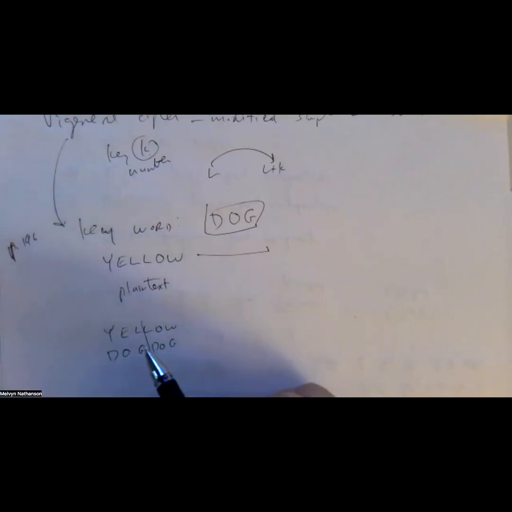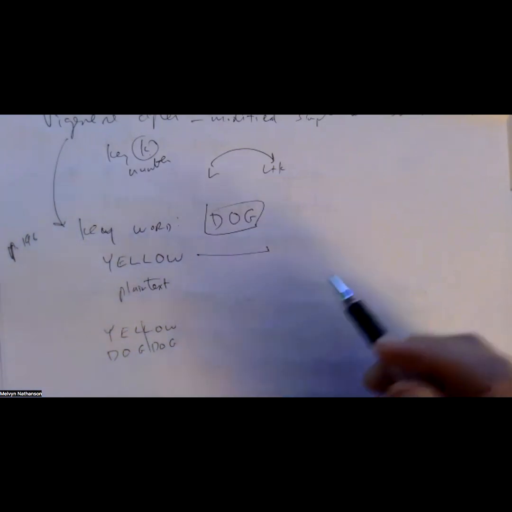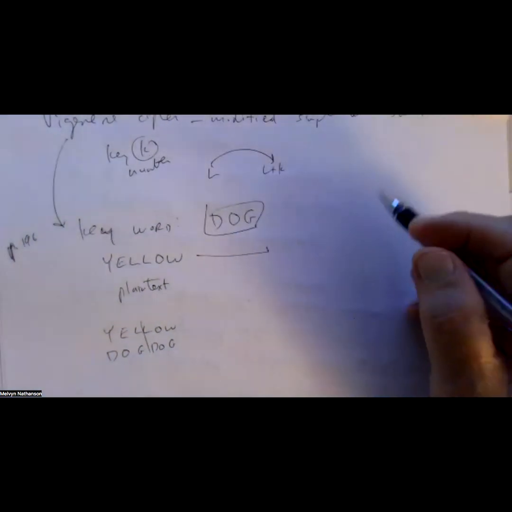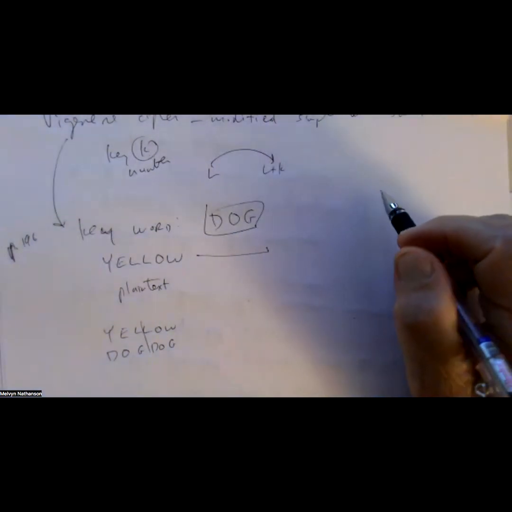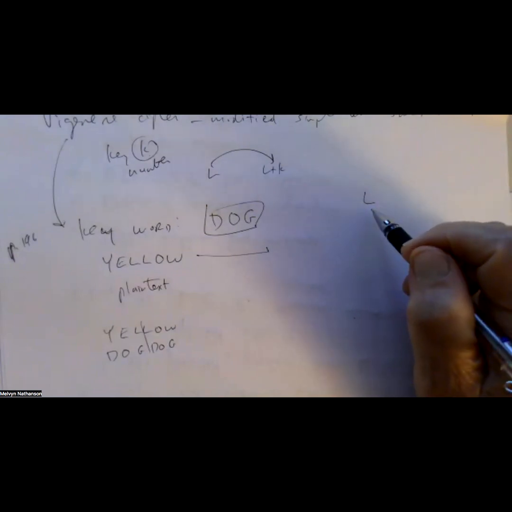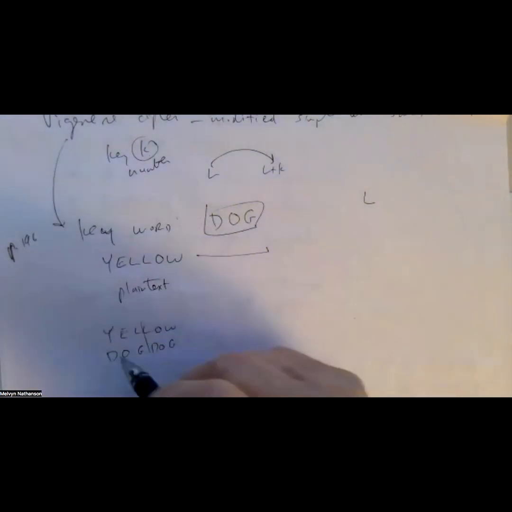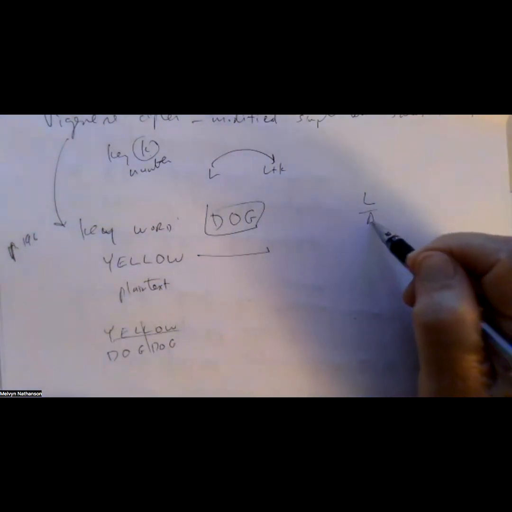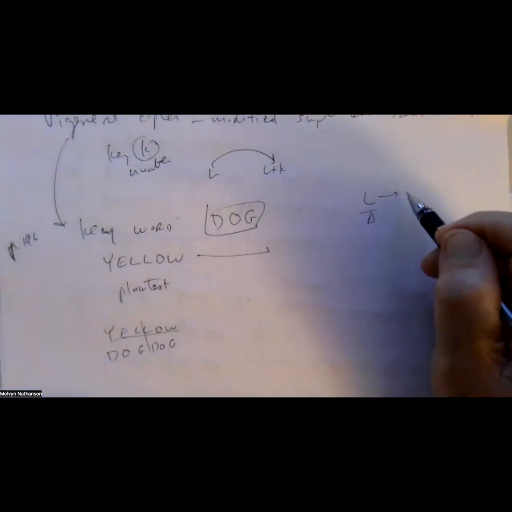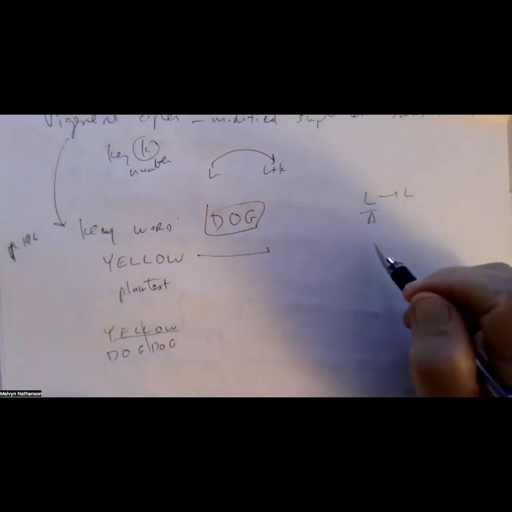So here's what we do. Here you want to encrypt a certain letter, L. If under the letter is an A, then L goes to L. You don't change it.